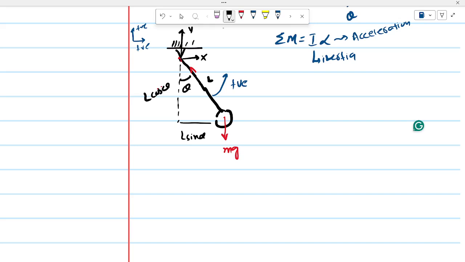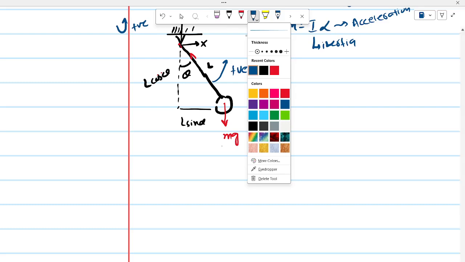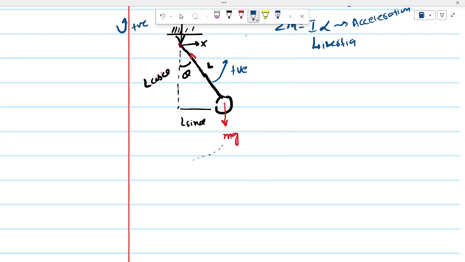That's a point mass, and we have defined the convention that anti-clockwise movement is positive. Now what are the moments that are acting on the body? The only force that is causing moment is the mass of the pendulum itself, which is causing the clockwise moment, right?